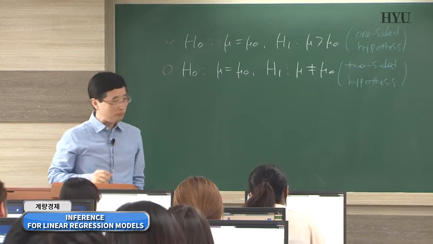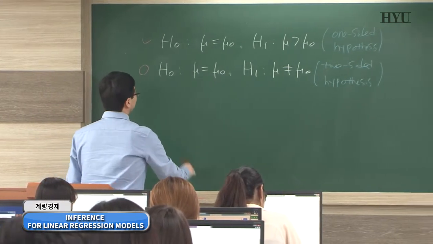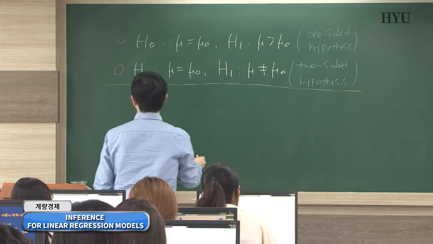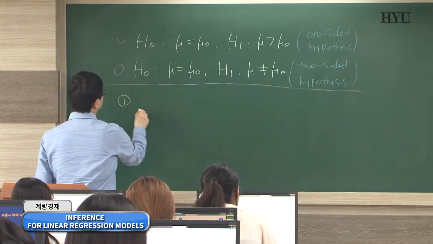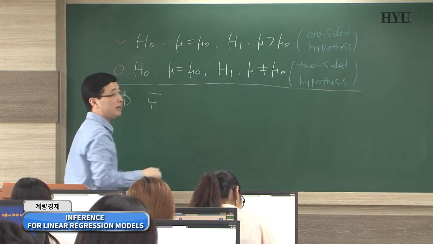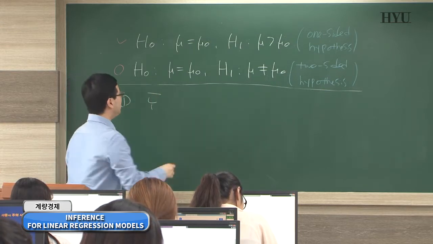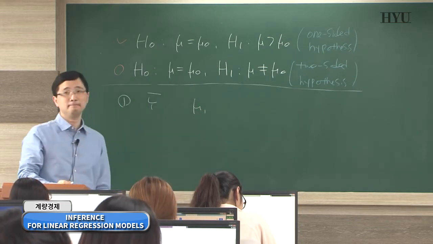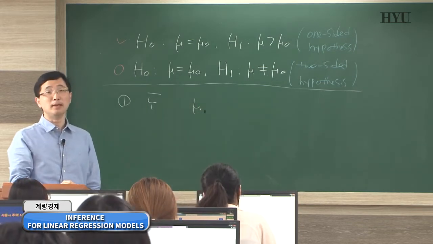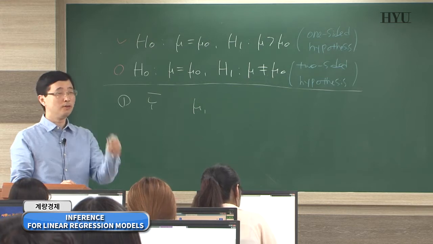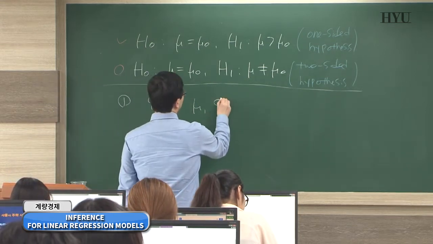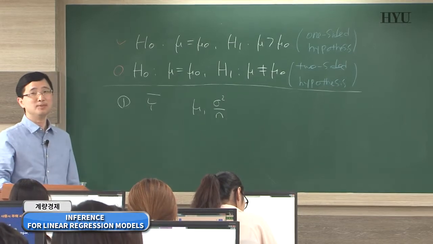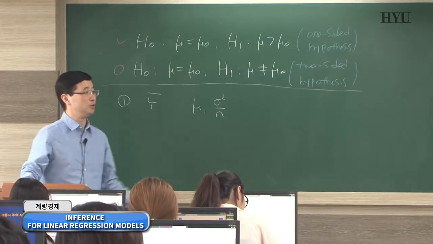Now a few things to remember. First one. The sample mean has a distribution, right? The mean of the sample mean is equal to the population mean, right? But the variance of the sample mean is much smaller than the variance of the population. Do you remember this? So this is something we did in the exam too.